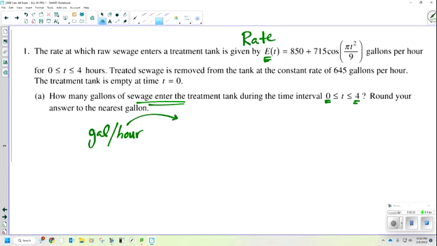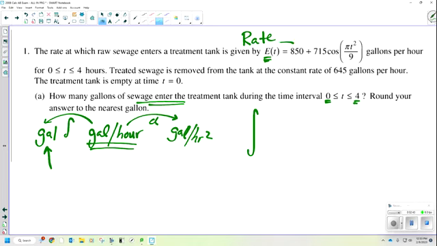If I wanted the derivative of that, it would be gallons per hour squared. However, they just want how many gallons, which means I'm going backward, which means I need to integrate this rate to get my quantity.